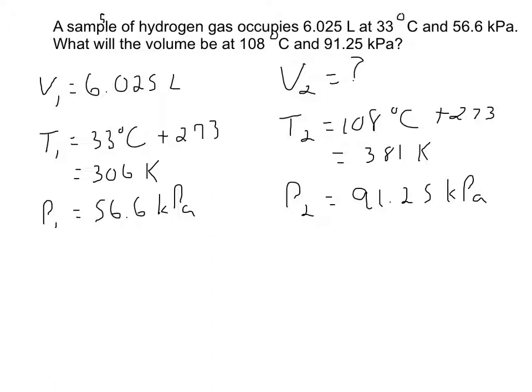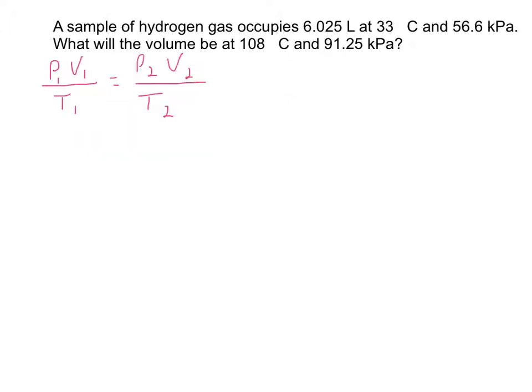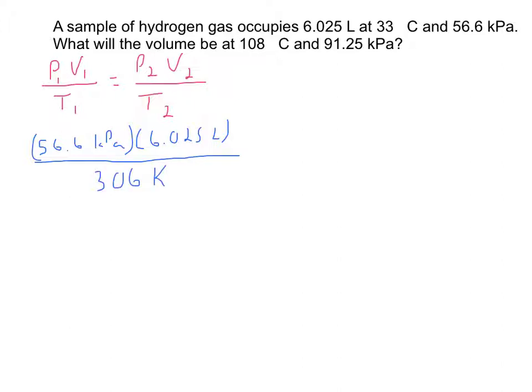So let's do that. There's my equation: P1 times V1 divided by T1 equals P2 times V2 divided by T2. Let's plug in the numbers we had just defined. My P1 was 56.6 kPa, multiplied by my V1, which was 6.025 liters, and that will be divided by my T1, which we found to be 306 Kelvin.